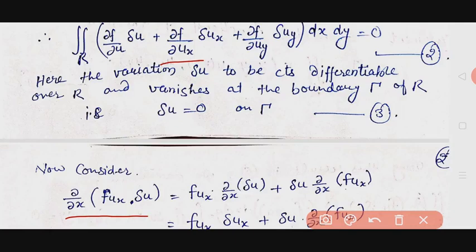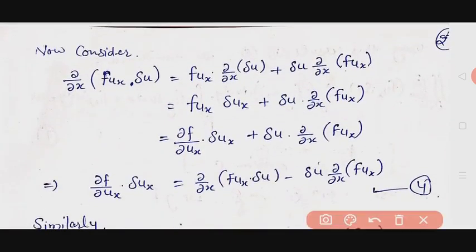F ux means curl f by curl ux. So when I use this, you will say curl by curl x of f ux into delta u. By the product rule you will find first as it is, second derivative, plus second as it is, first derivative, and this is actually the operator you can use, delta into curl by curl x of u.